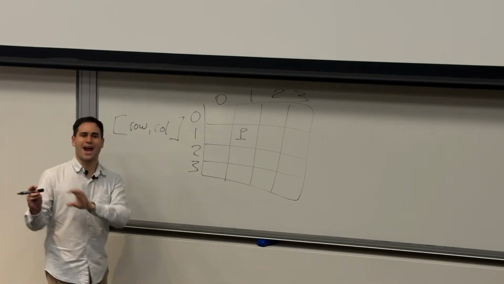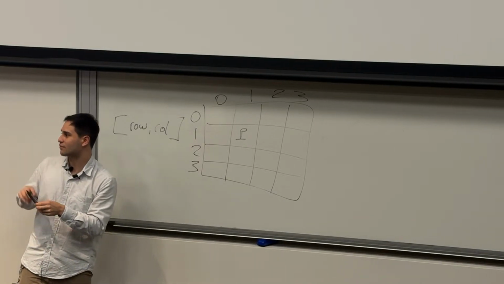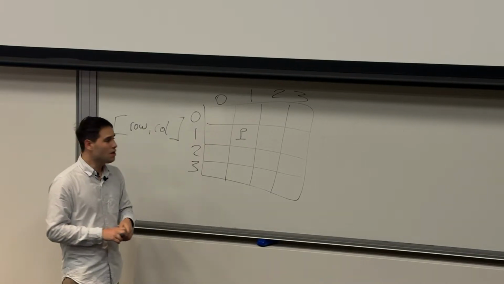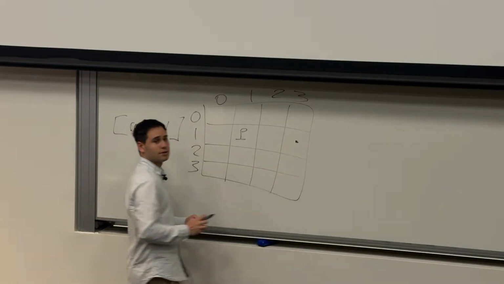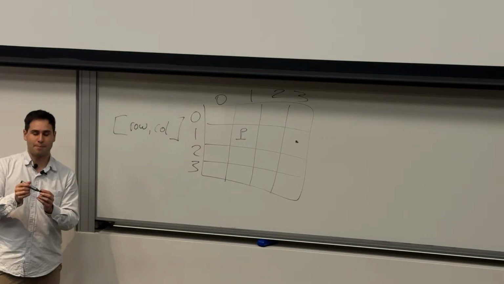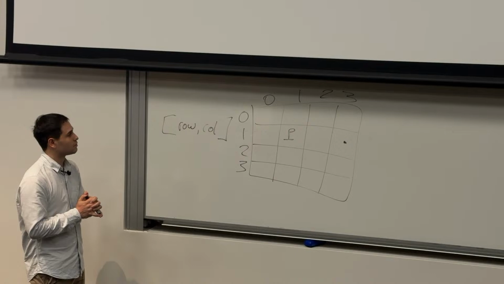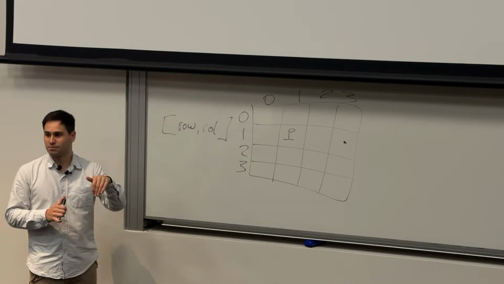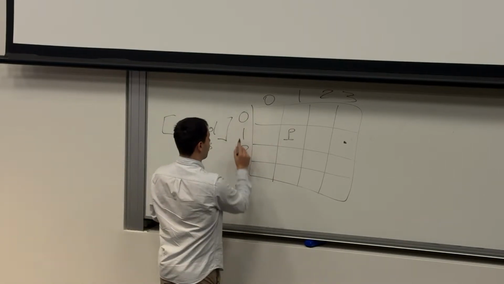So let's not just randomly place it somewhere. Let's try and be intentional to see that we have an understanding of the data structure. So what if we put the churro here? What two integers do I need to type into the scanf? Yeah, 1, 3. Row, column. That's right. So 1, 3 will be row 1, column 3.